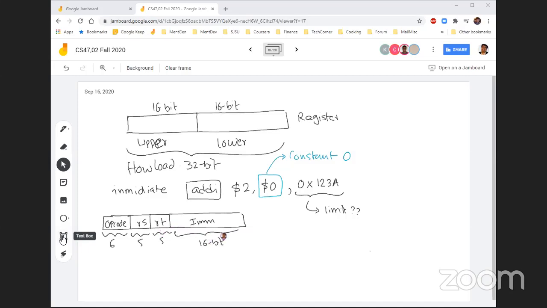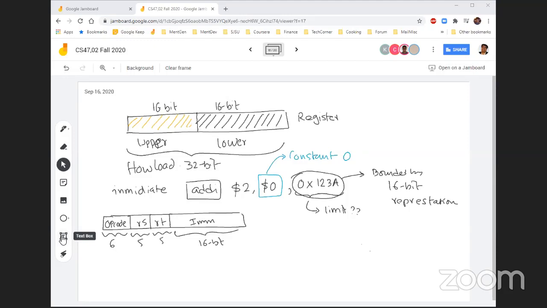So that means this immediate value is bounded by 16-bit representation. So you cannot go beyond that value, right? That means you can only fill up these bit patterns on the lower 16-bit part. What would happen to the upper one? How shall we do that?